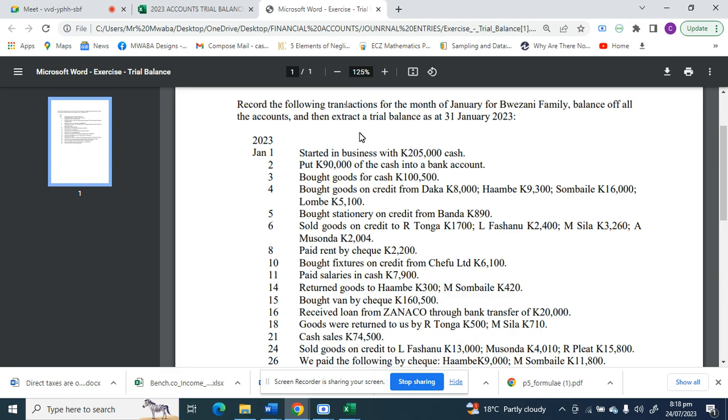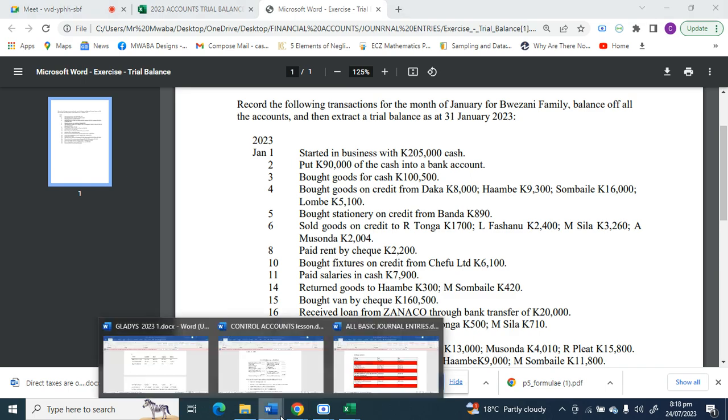Is the company receiving cash or is it giving out cash? Yes, it's receiving cash. So we also say the cash account is increasing. So the capital account and the cash account are both increasing.